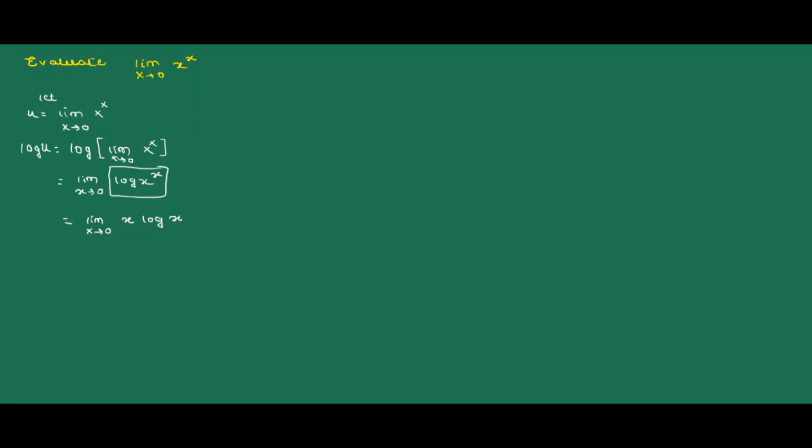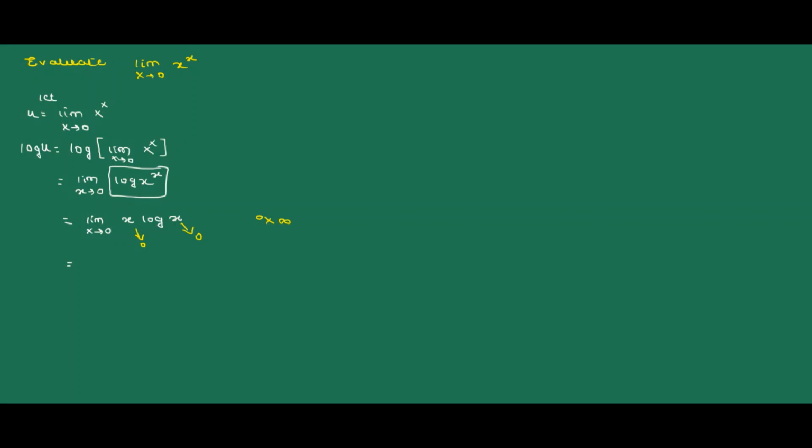If you substitute x is equal to 0, this is 0, and log x gives infinity, so you will get 0 into infinity form. So now we can change to the form 0 by 0 or infinity by infinity.